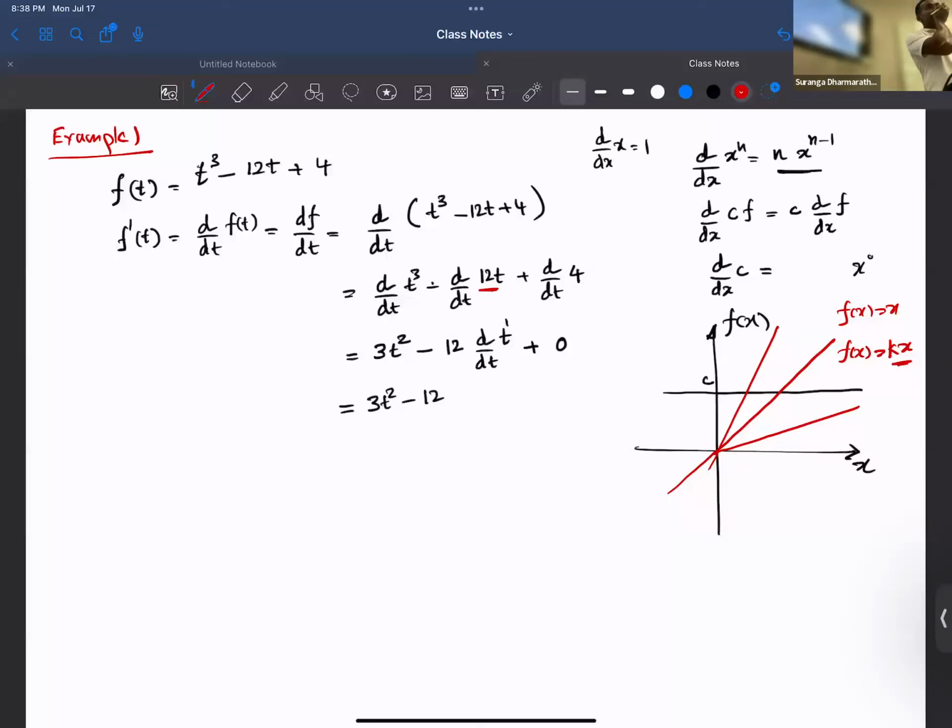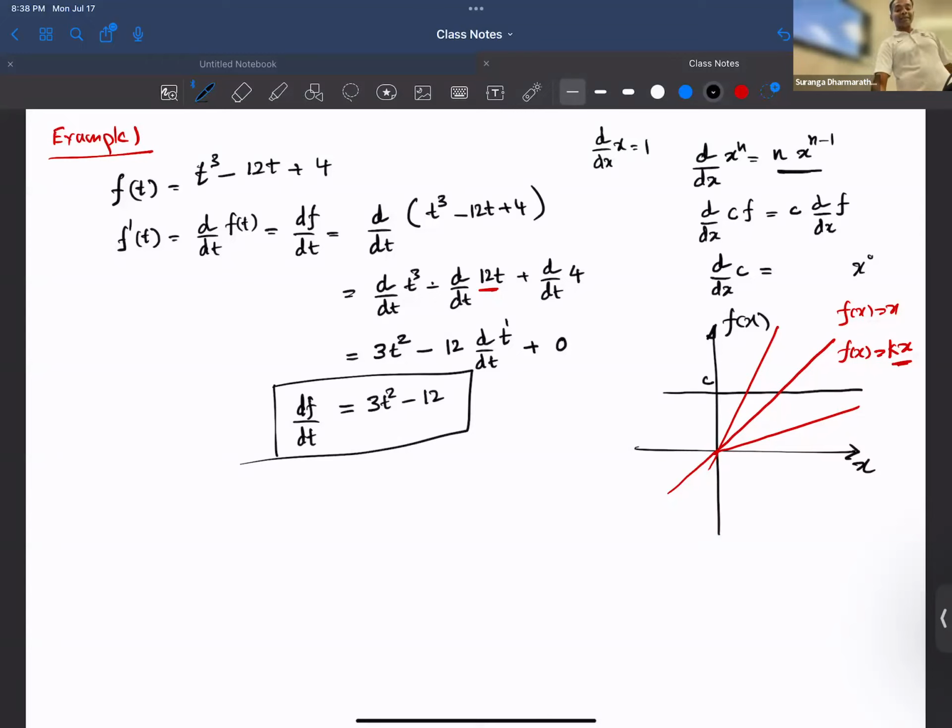Okay, so this is our derivative. Does that make sense, guys? That's our derivative, d over dt of f, 3t squared minus 12. And the derivative is equal to the slope of the tangent line at any point t.